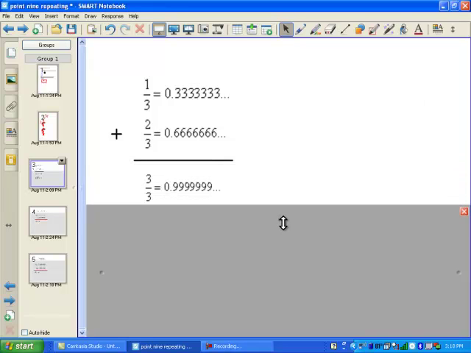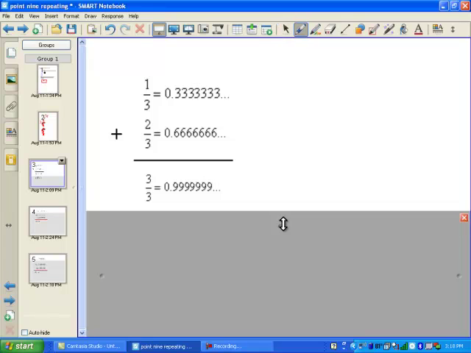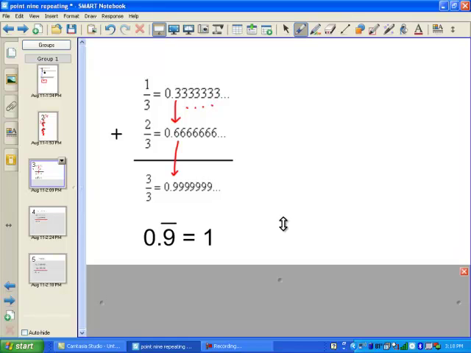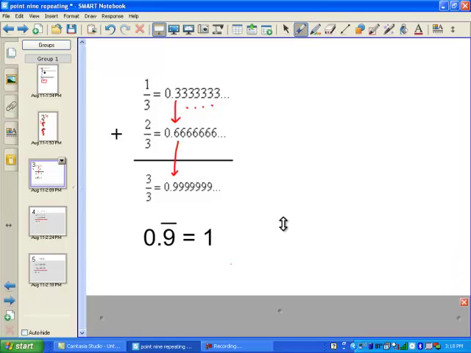Well, we get 3/3, and as we add the digits, 3 plus 6 of course is 9, all the way along, and adding each of those 3's to each of those 6's gives us 0.99999 repeating. Another way perhaps of accepting the fact that 0.9 repeating is identically equal to the number 1.